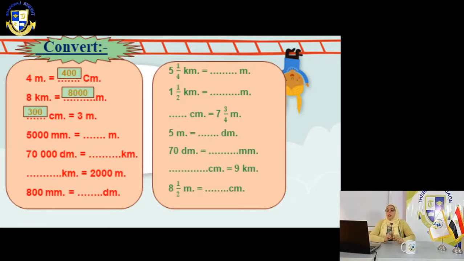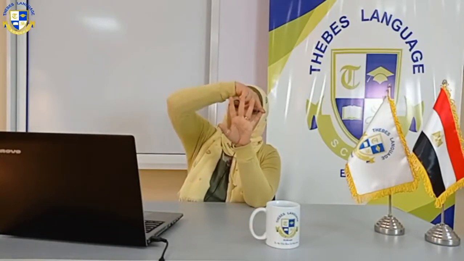Next example, 5,000 millimeter equals how many meter? Now we convert from small to big. Millimeter is the smallest measuring unit of length. So from small to big we will divide. Come with me here: kilometer, meter, decimeter, centimeter, and here we have millimeter.